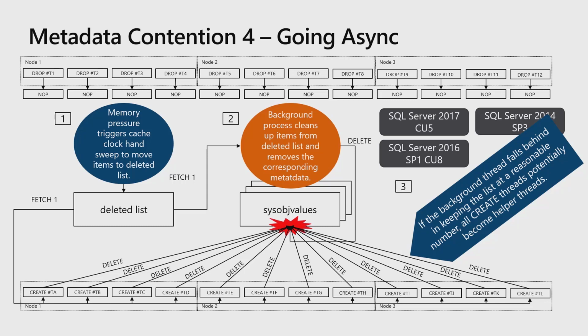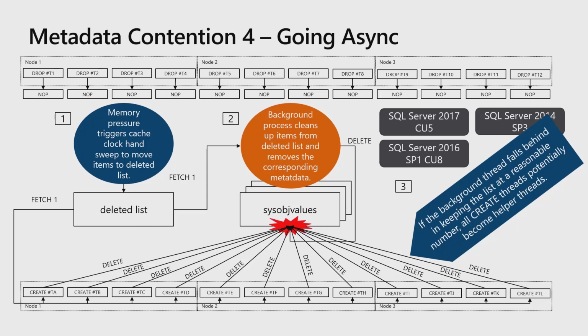So basically, any thread that needs to create a temp table actually has to clean up a temp table first. And instead of fetching one from the deleted list and then deleting it from the metadata one at a time, what we did in SQL Server 2017 is we changed this from being one helper thread per core to potentially one helper thread per NUMA node.